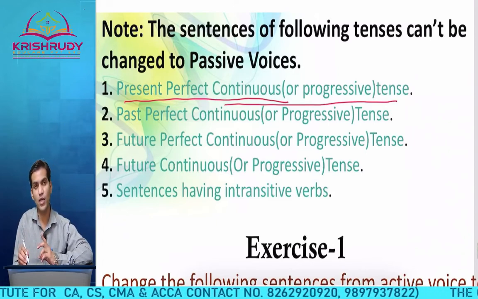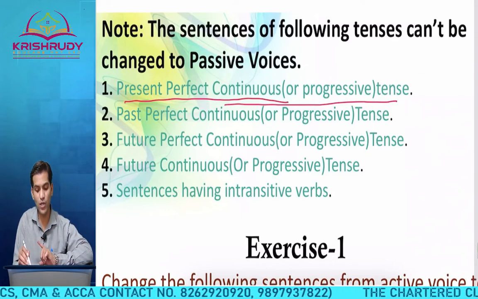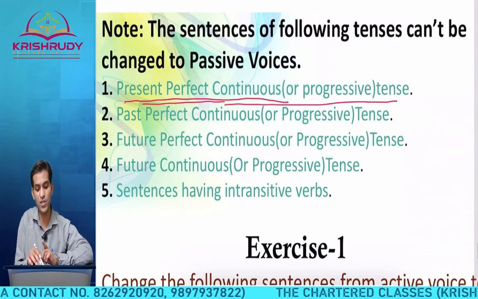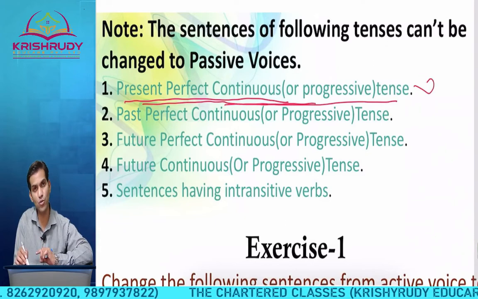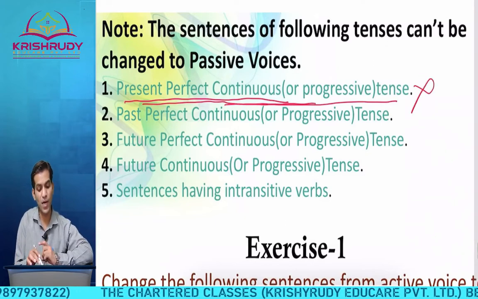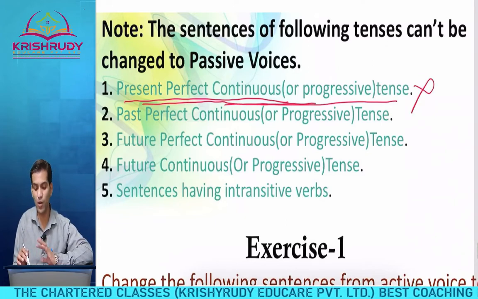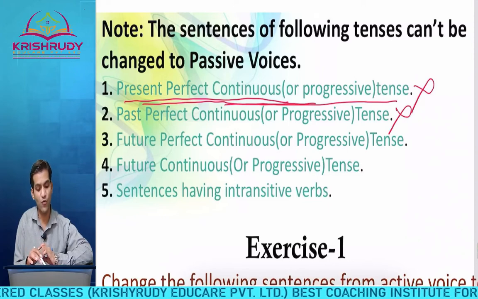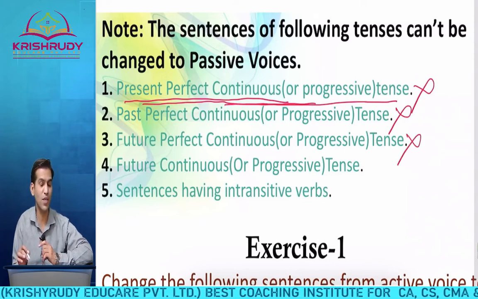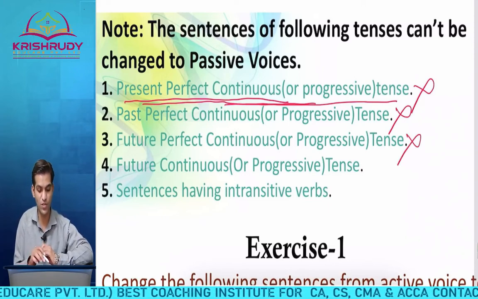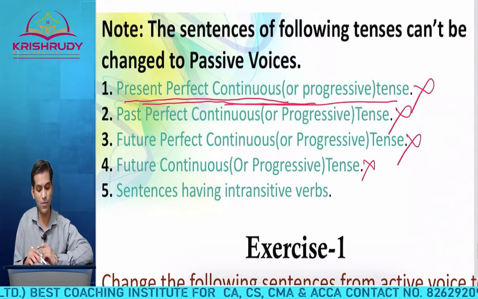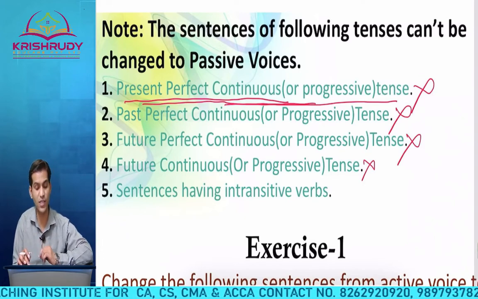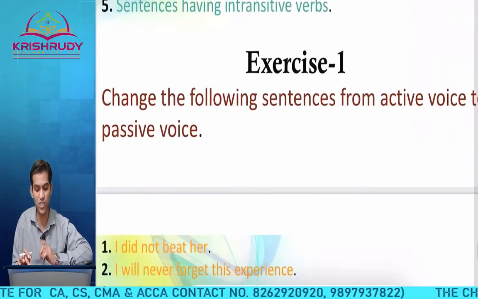That's why it is ignored, and we cannot change present perfect continuous tense into passive. Past perfect continuous tense, same problem, we cannot change them. Future perfect continuous, again same thing, we cannot change them into passive voice. Future continuous, same, and sentences having intransitive verbs, right, we cannot change them.